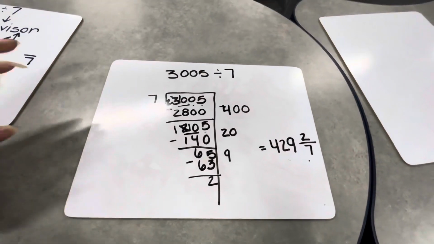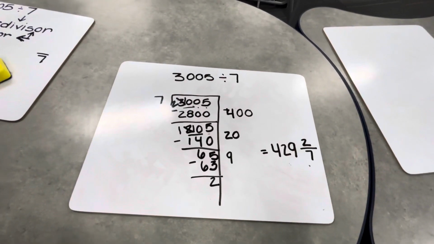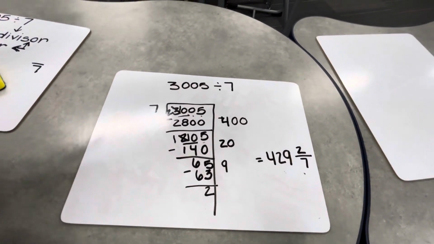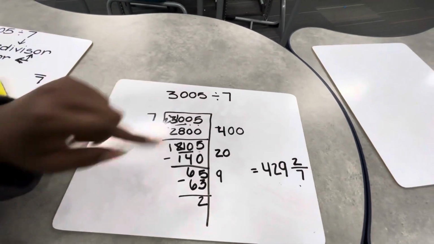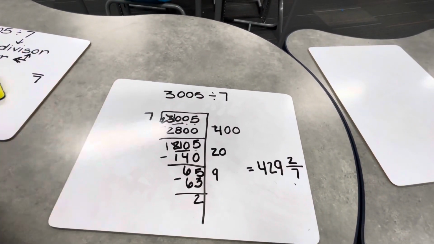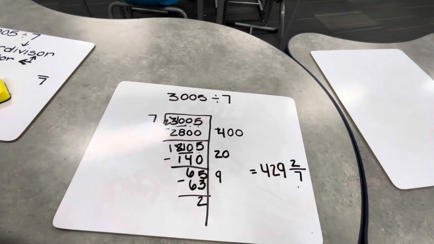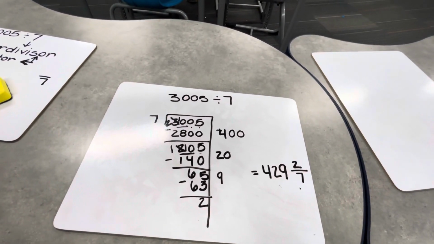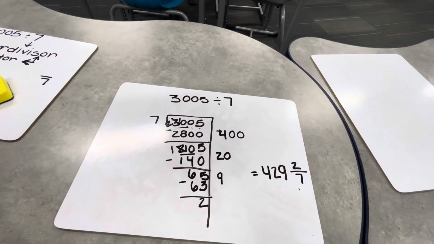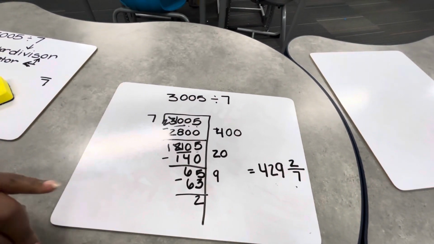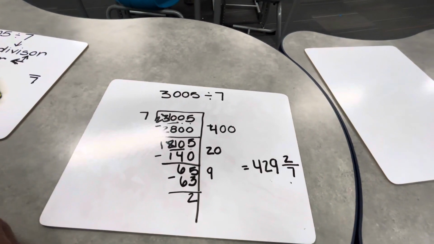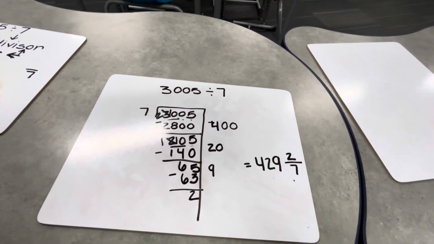A way to remember how we think about this number is, if I was traveling 3,005 miles over the course of 7 days, and I want to travel the same amount of miles each day, how many miles will I have to travel in one day? I know I need to travel 429 and 2 7ths of a mile.